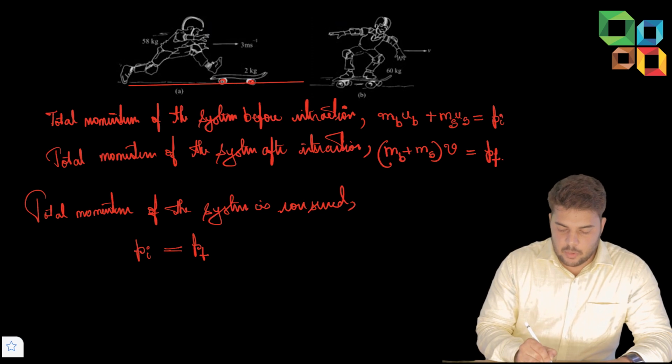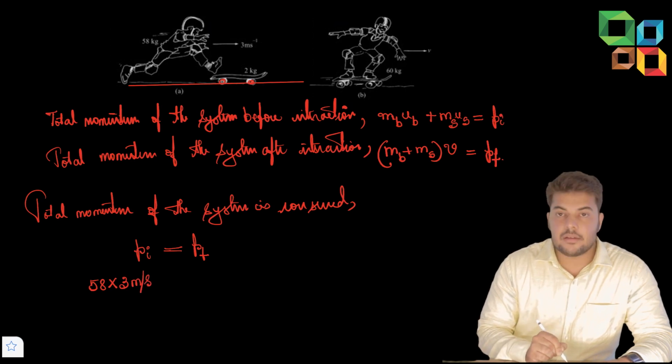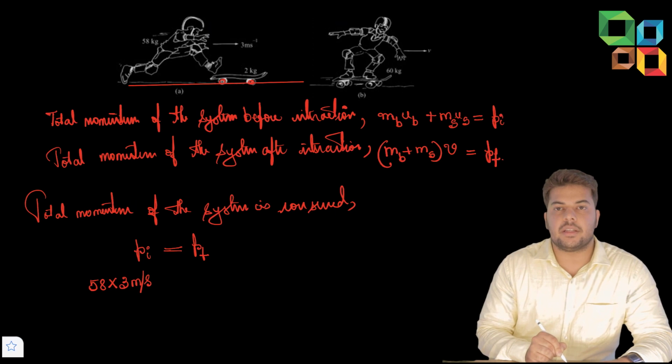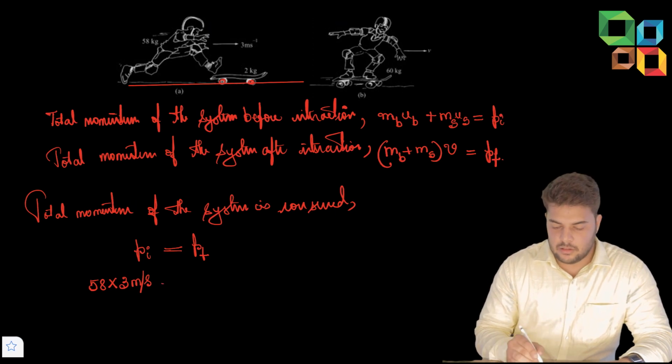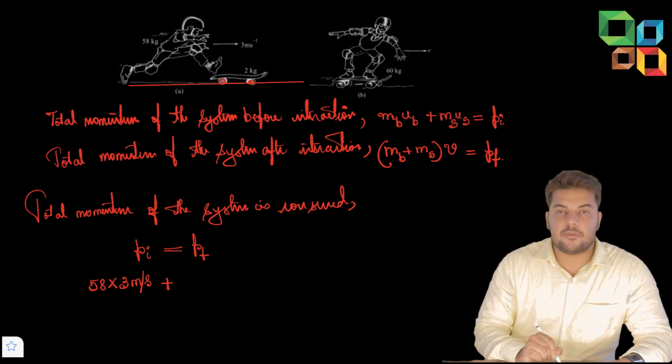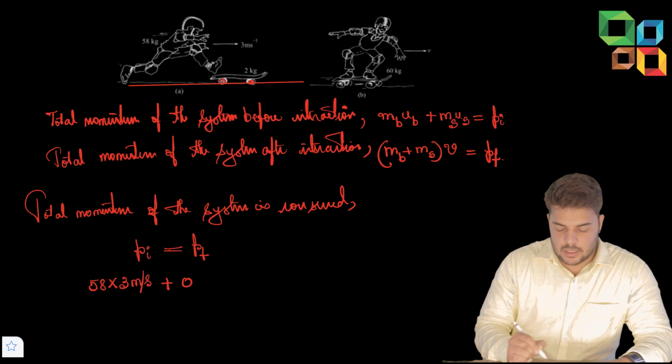So let me write down the initial momentum. Mass of the boy, which is 58 kg, times the initial velocity of the boy, which is 3 meters per second. Good thing that all of these quantities are in SI units, so I don't have to convert. Plus the momentum of the skateboard, which is 0.